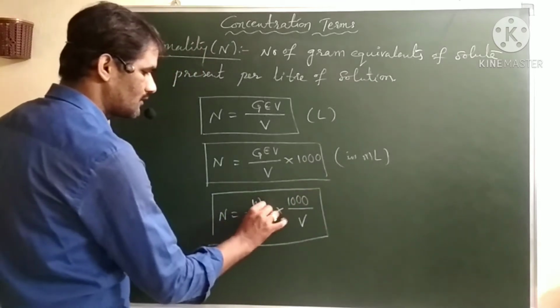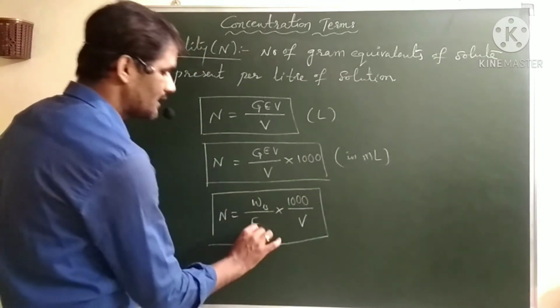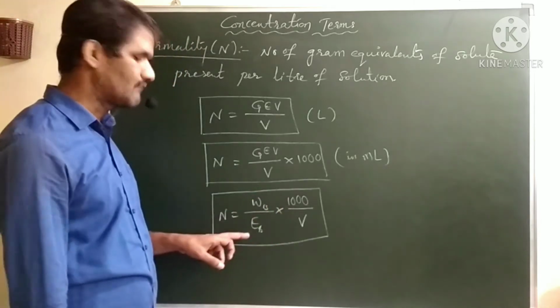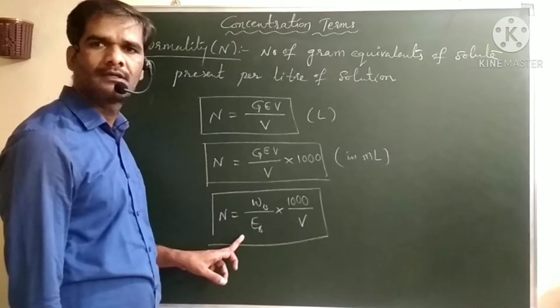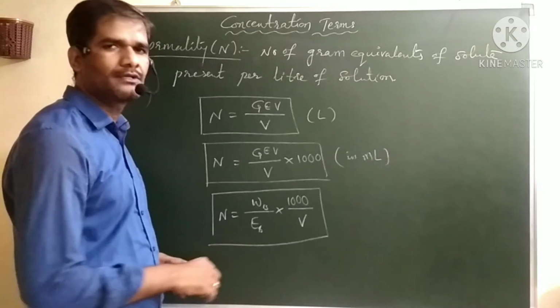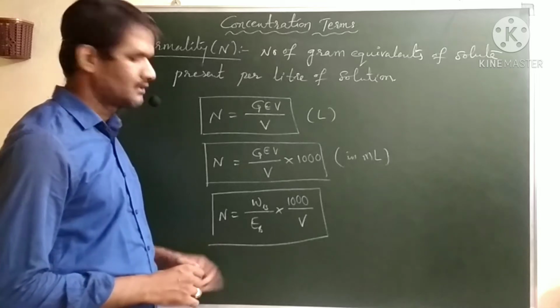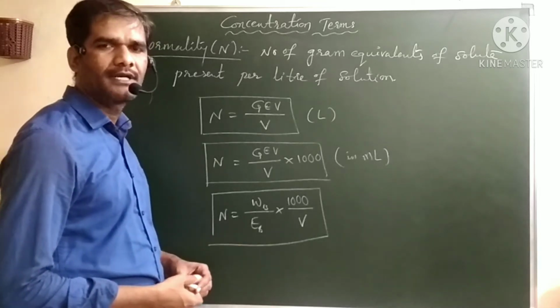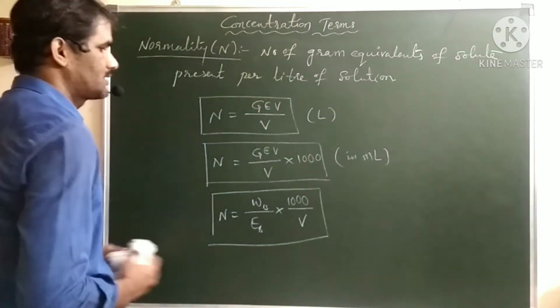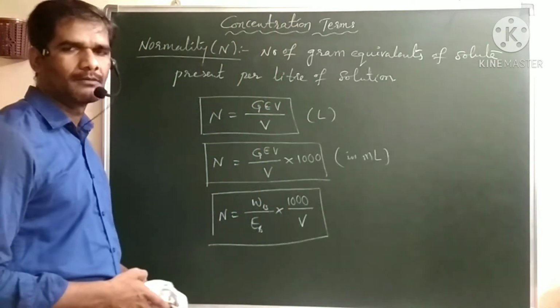Here W means weight of solute, by equivalent weight of solute, into 1000 by V. What is the equivalent weight and how to calculate it? For that you can check the video which I gave in the description. You can see the link in the description to find out the equivalent weight of any substance. So these are the formulas for normality.